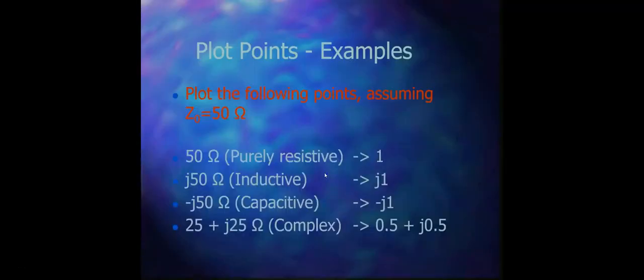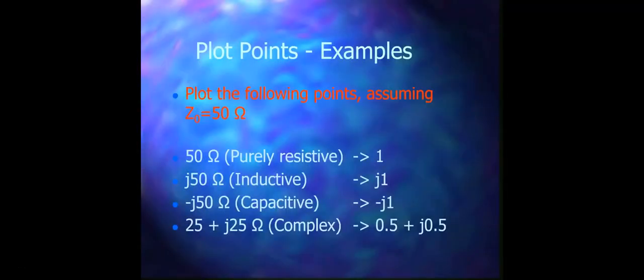In that case your impedance will be shown over here at this point, and this shows 1 normalized impedance. And the second case is 0.5, and it will be over here. And for 75 ohm it is 1.5, and it will come somewhere around here. So you will mark all these pure resistances on the real axis. Now let's further see the example.